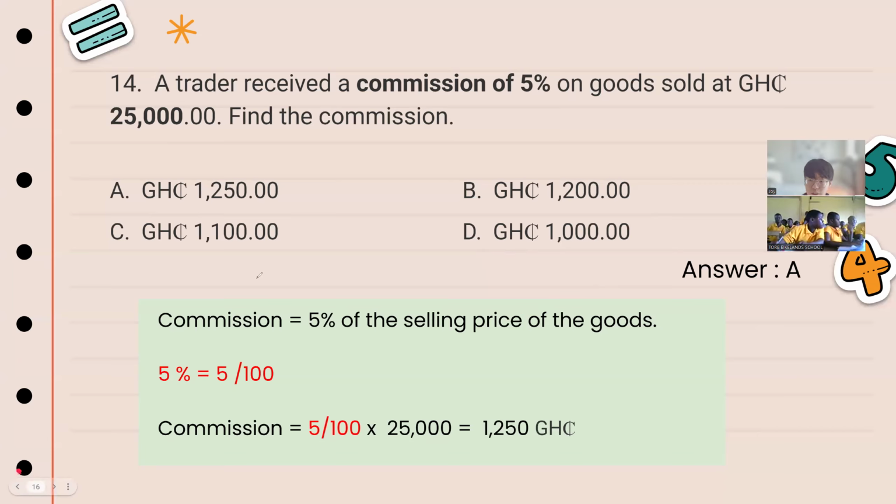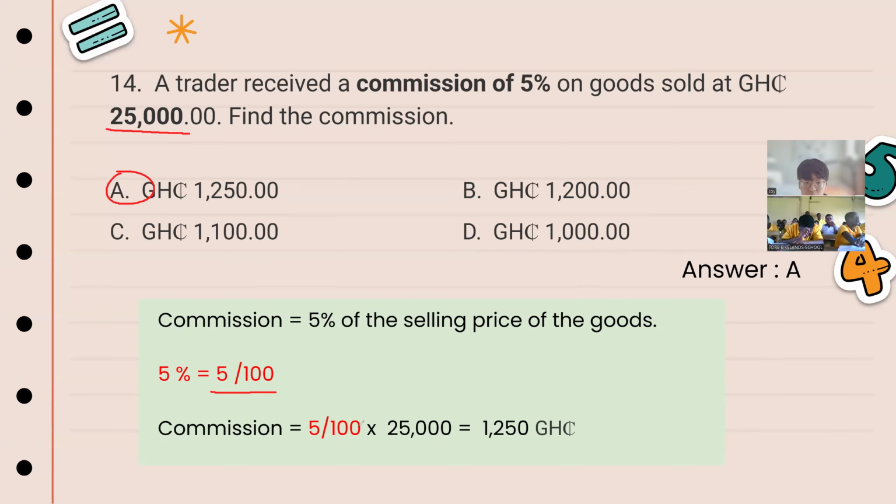As you might know, 5% is just multiplying by 5 over 100. Percent always means just over 100. And then the commission is 5% of 25,000. That's 25,000 times 5 over 100.